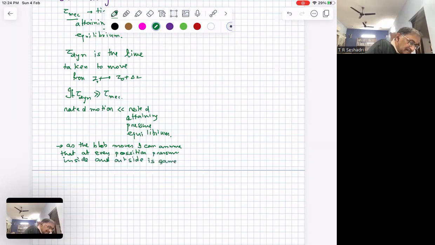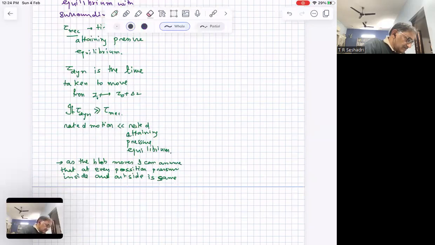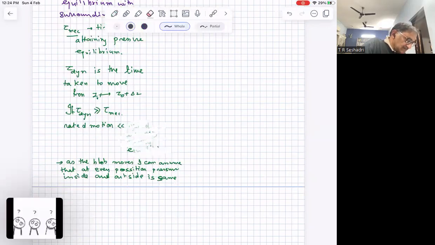Basically, it is like a quasi-equilibrium process. It moves so slowly that at any time, it expands to make the pressures equal. So I can assume that there is a pressure equilibrium always. Is this clear? Yes. Okay.